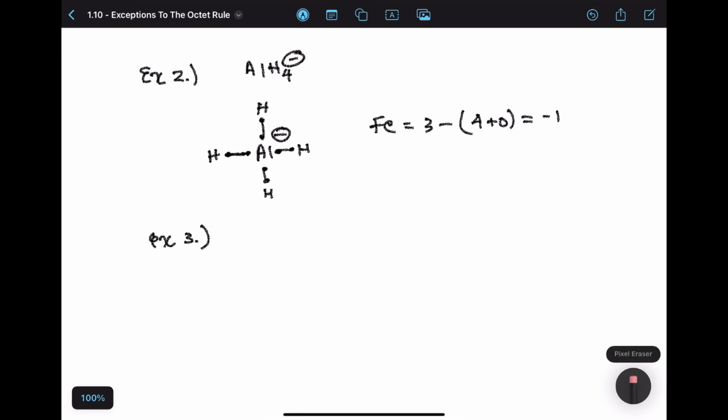It's going to be HPO3. We know that phosphorus has 5 valence electrons because it's in the 5th column of the periodic table. And so I'm going to go ahead and place my oxygens here. And I'm going to place another oxygen here. And I'll put that H right there on that oxygen. And now I'm going to go ahead and add another oxygen.